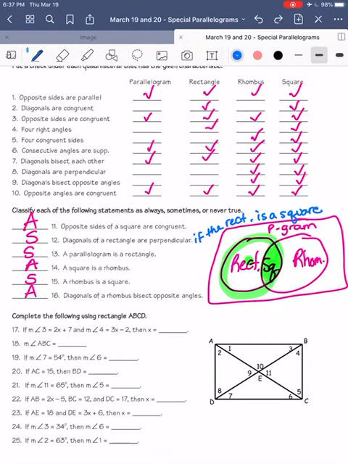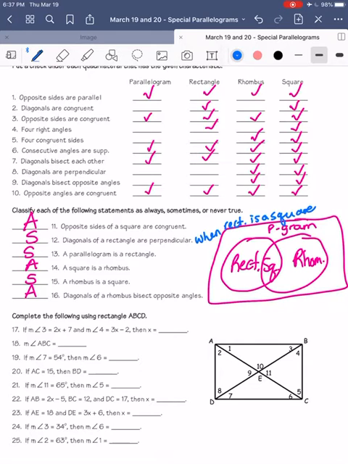And then number 14 is... Oops, sorry. I want to undo this right here. Sorry. I didn't want to leave those green circles to confuse you for later on. Okay, so I'm going to go back and write when the rectangle is a square.